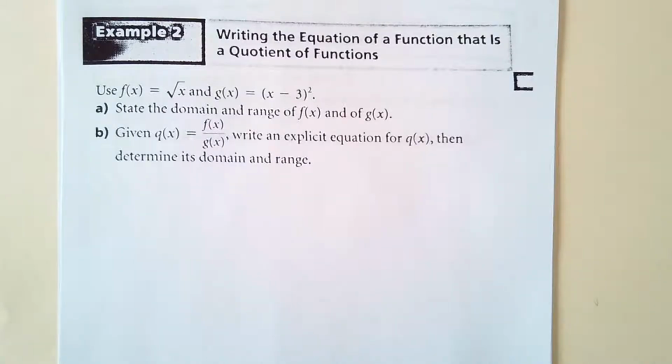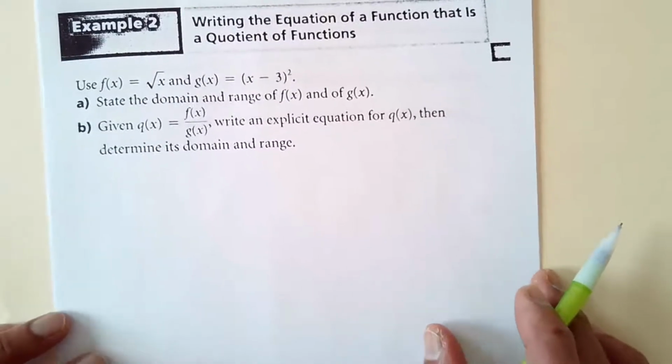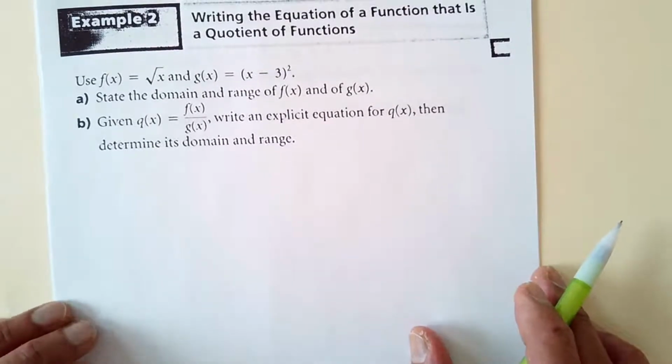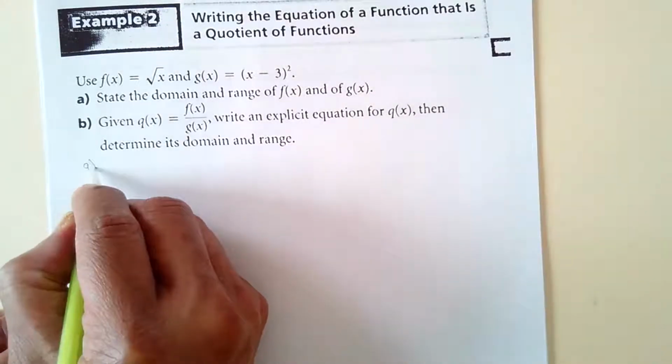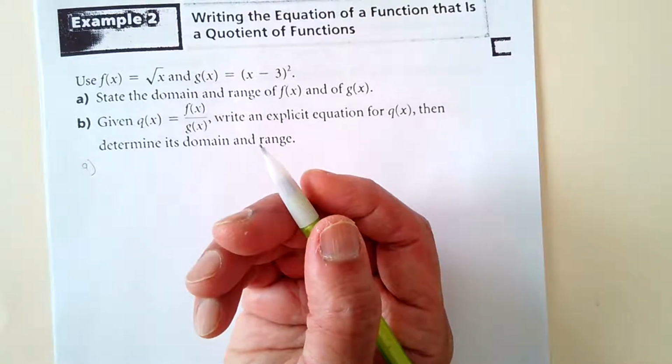Now we're looking at a quotient. Writing the equation of a function that is a quotient of functions. So similar to the first one, so part A, we can state the domain and range for these.